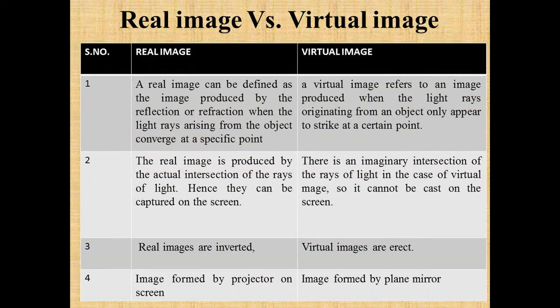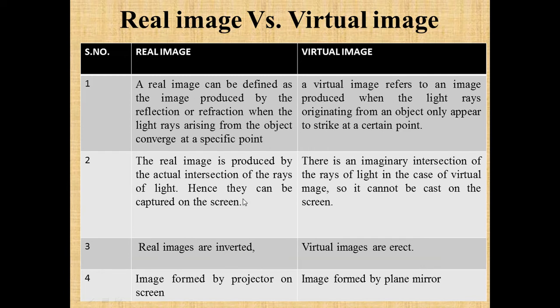So a few distinctions between the real image and virtual image. A real image is the image produced by reflection or refraction when the light rays arising from the object converge at a specific point. Whereas a virtual image refers to an image when the light rays originating from an object only appear to strike. A real image is formed by actual intersection of rays of light.